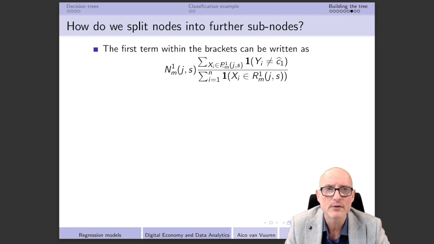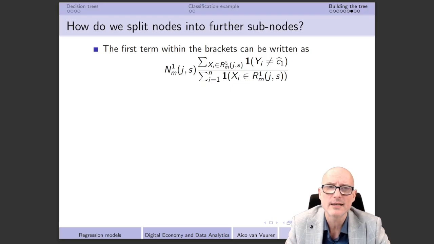It's the number of wrong predictions, because every time that we make a wrong prediction, yi unequal to C1 hat, we count that as another mistake. So this can be interpreted as the number of mistakes that we make in this subspace R1-MJS.